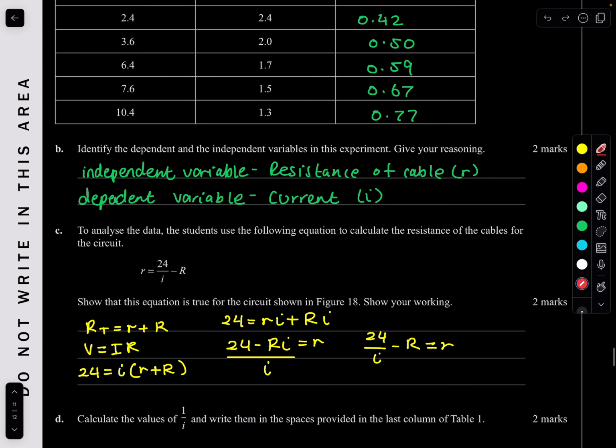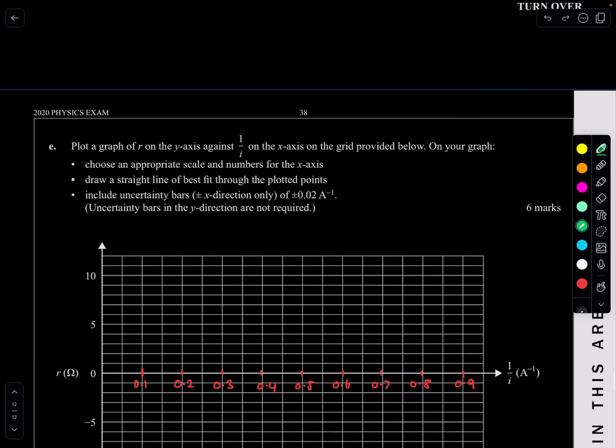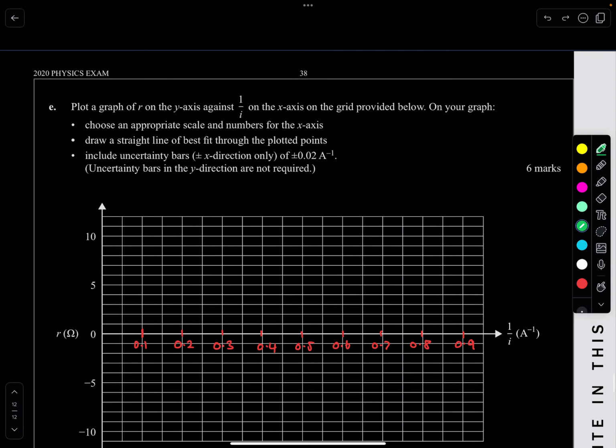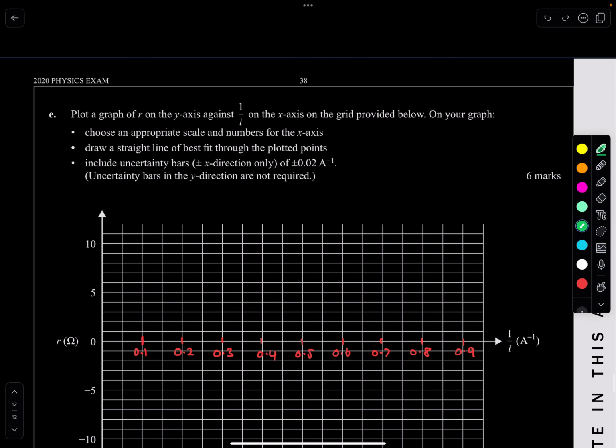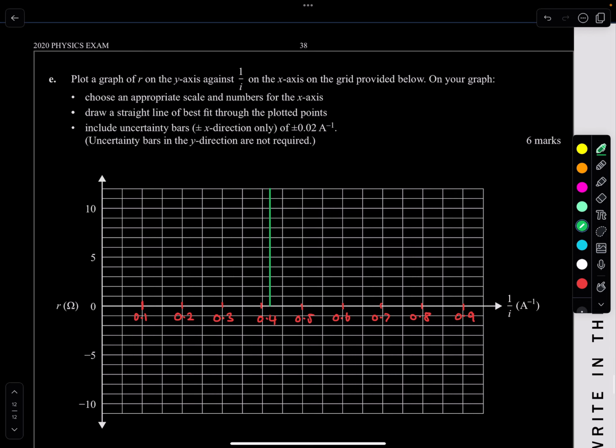Now let's plot. All right, let's see what we're first plotting. We're plotting 0.42 first, so the line 0.42, which is, yep, 0.42. It's around right over here. Approximately there. And it's 2.4. So that's going to be 1, 2, 3, around here.